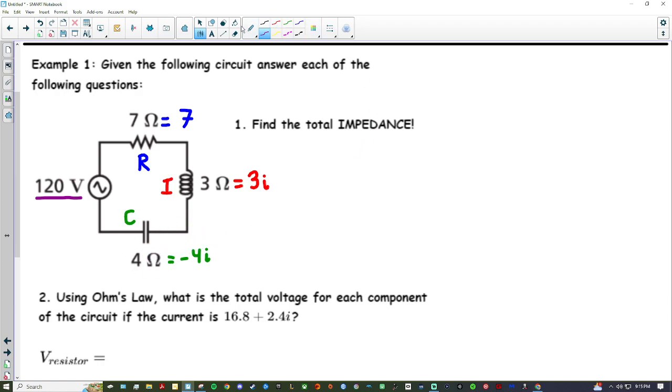So let's go ahead and find the impedance. So we're finding how hard it is for an electron to make it through this circuit. How much is impeding it? It's trying to stop it from flowing through. So we need to add up all of our components' resistance.